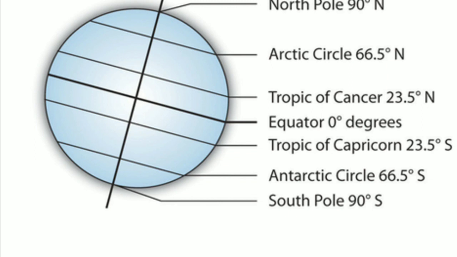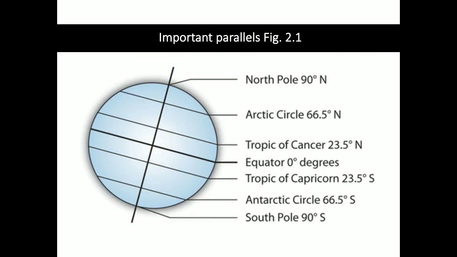When we come towards the southern side, can you see the line after the equator toward the southern side? At 23.5 degree, there is the Tropic of Capricorn. When we move further, at 66.5 degrees south, we will find the Antarctic Circle. And finally, at 90 degrees south, we all know what is there. There is the South Pole.